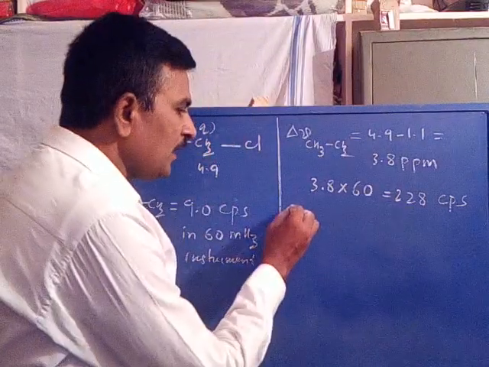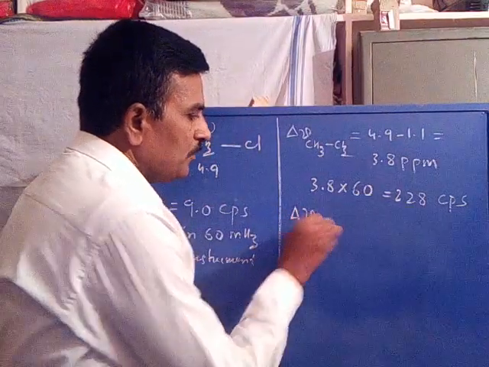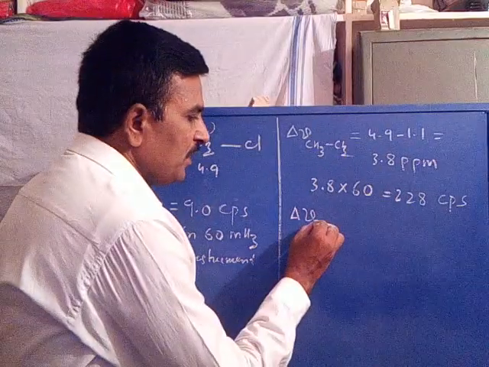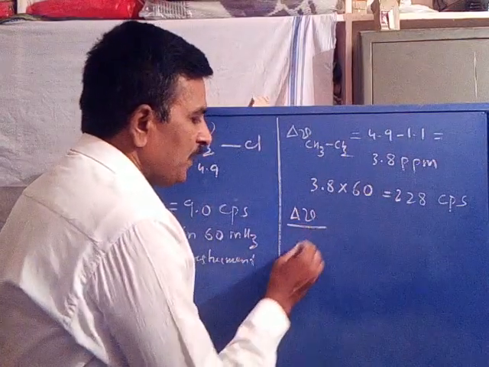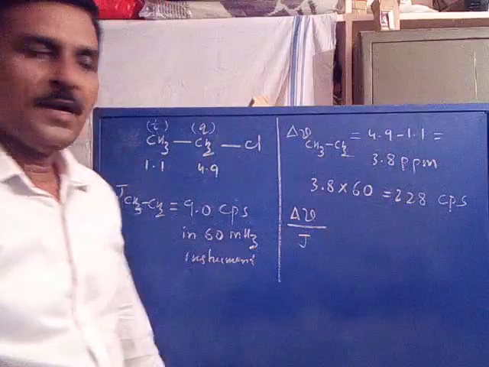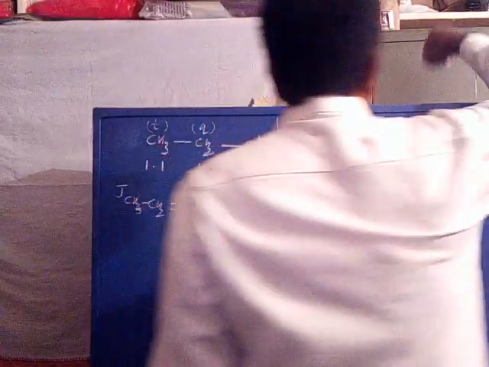Now let us calculate delta nu divided by J value.